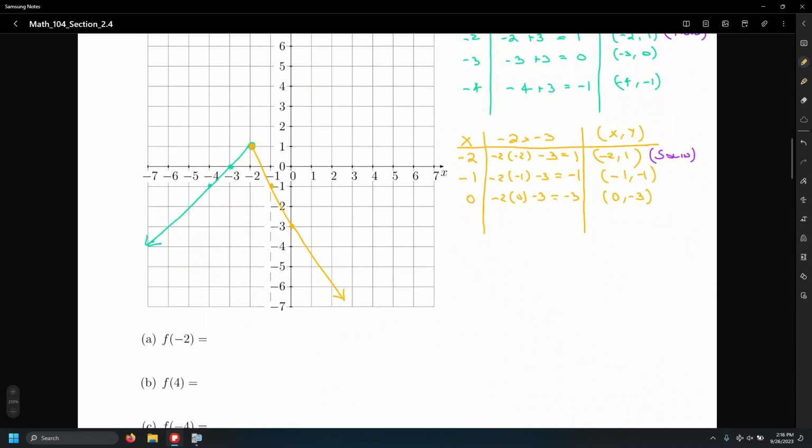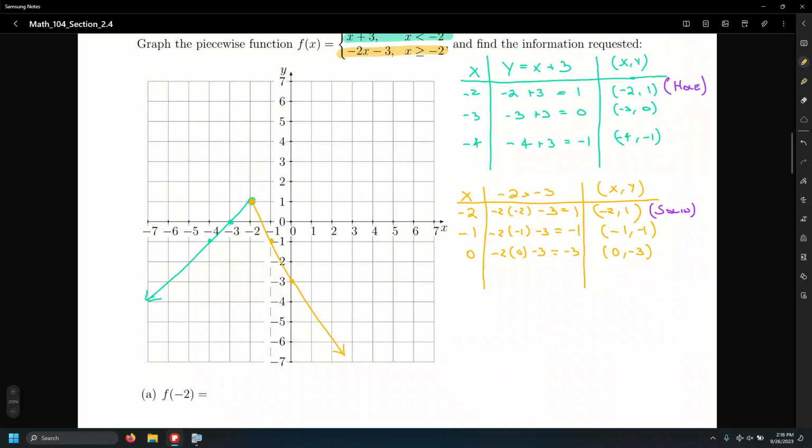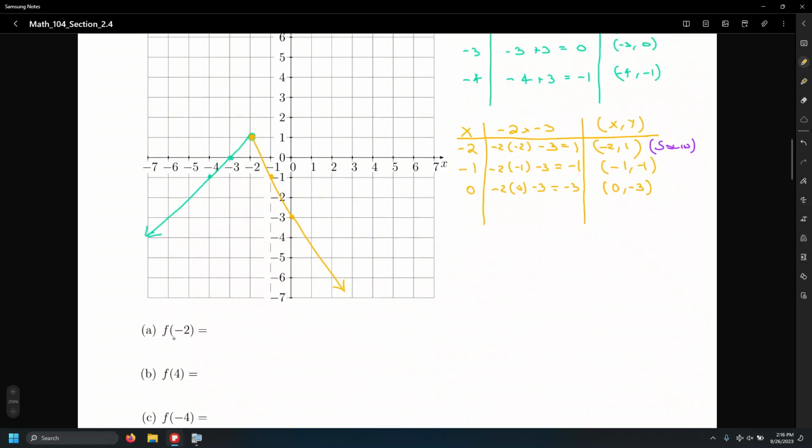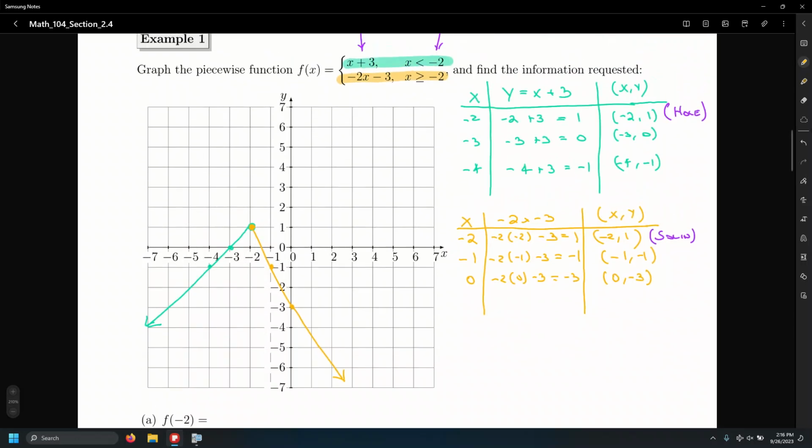Oh, they're asking us to evaluate some function values, f of negative 2. Here we need to be careful about in which of the pieces we can evaluate f of negative 2. So f of negative 2 will be allowed to be evaluated only at either the green one or the yellow one. Which of the two allows the negative 2?